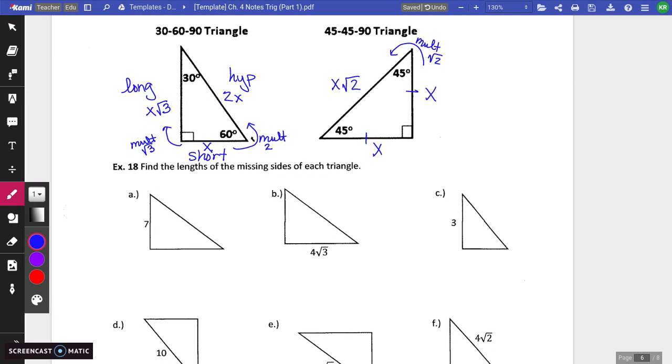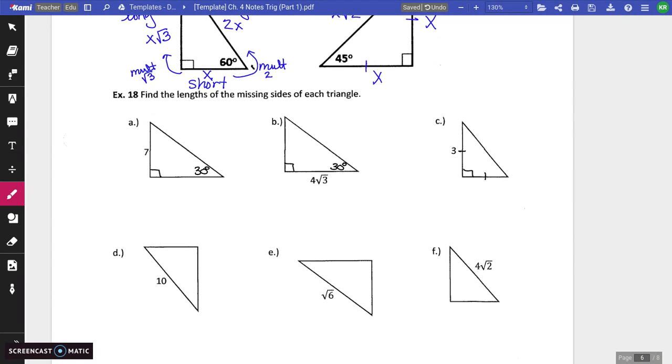On these triangles, sorry, I forgot to draw in your right angles and give you some angle measures. These are going to be 30, 60, 90s. There's that one. It's going to be a 60.